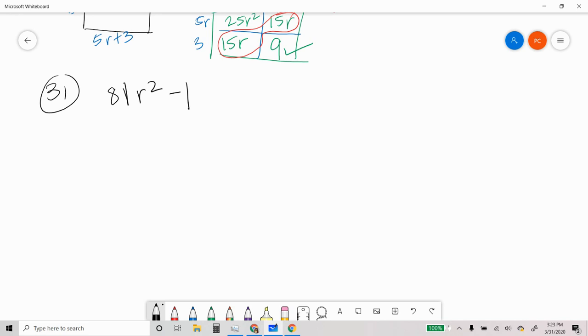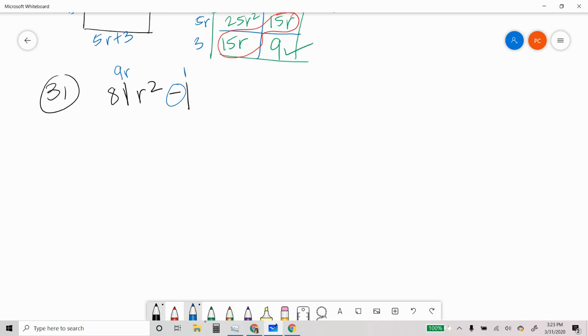Now, since this is a difference right here, and 81r squared is a perfect square, 9r times 9r will equal 81r squared. 1 is a perfect square because 1 times 1 equals 1.